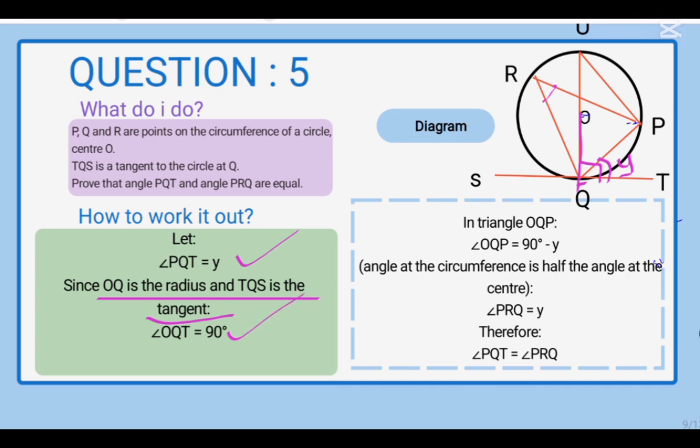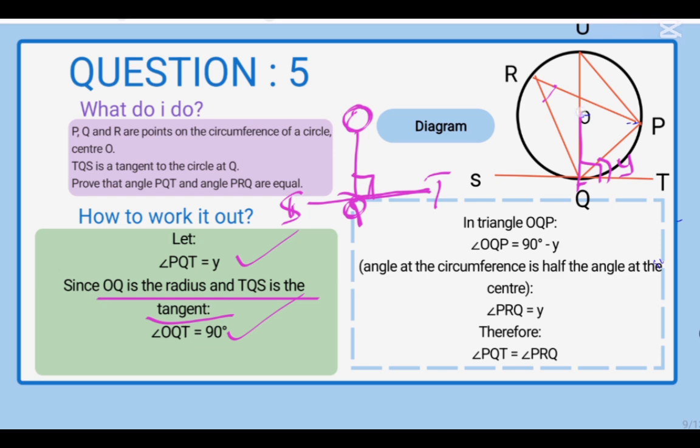OQT is 90 degrees because of the angle between the tangent and a radius. This is O, this is Q, this is T, and this is S. This TQS is 90 degrees to QO or OQ, because O to Q is a radius.